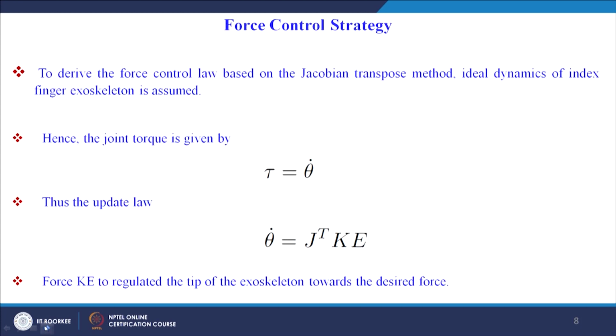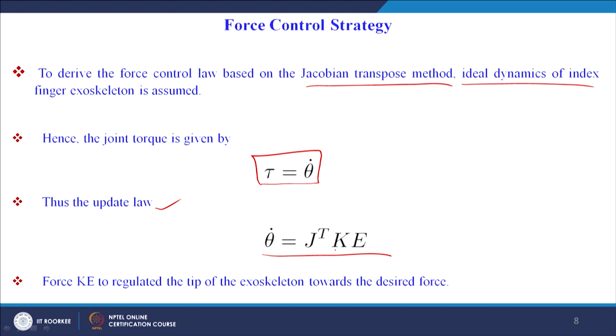Now, coming to the force control strategy proposed in this study, the transpose of the Jacobian method is utilized, so that the ideal dynamics of the index finger exoskeleton is assumed. Hence, the joint torque by the ideal dynamics is given by tau equal to theta dot, with the update law being tau theta dot equal to J transpose k multiplied by the error.